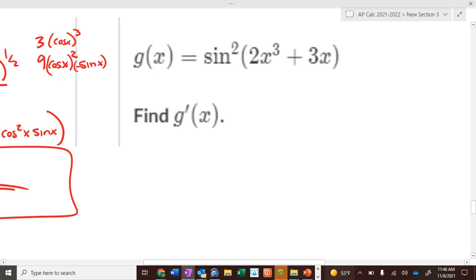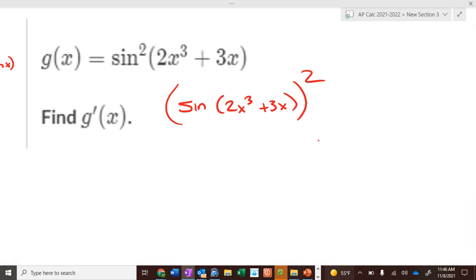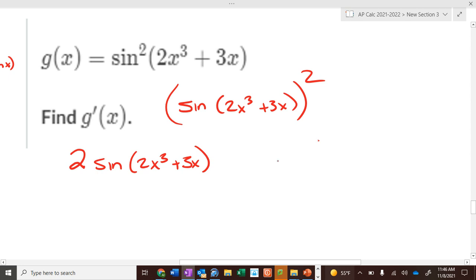Okay, let's look at this one. I'm going to rewrite this as the sine of 2x cubed plus 3x, squared. Because that's really what it is. So what's the outer chain rule going to give you? 2 sine 2x cubed plus 3x to the first times the first derivative of the inside.